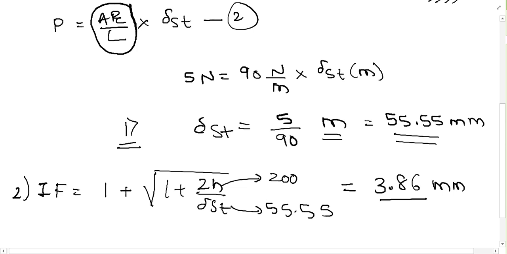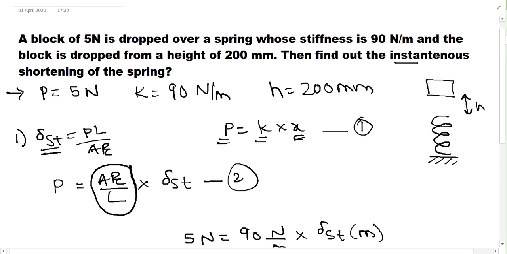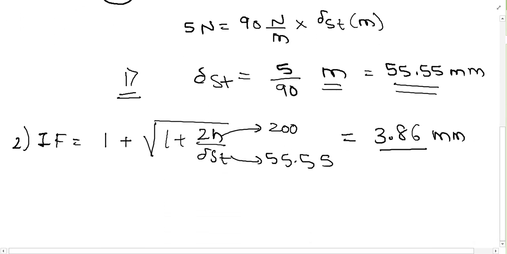Now in this case they have asked us to find the instantaneous shortening of the spring. It is nothing but the dimension by which this spring will get shortened. That means it has asked us to find the instantaneous elongation, the instantaneous deformation.